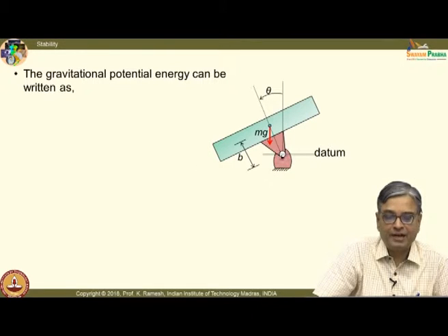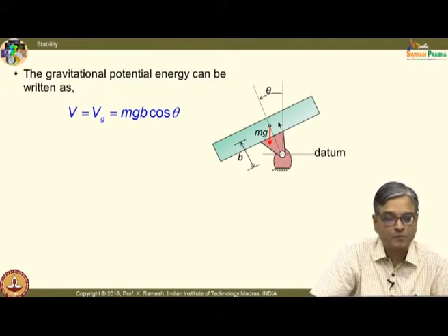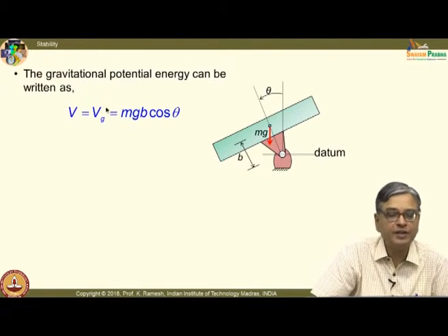So, I have identified the datum here, and I can simply write this. It is so simple and easy that this is nothing but Vg equal to mg into b cos theta, because the mg is at a height of b cos theta from the datum. So, I have an expression for the V. Now, I have to take the derivatives.